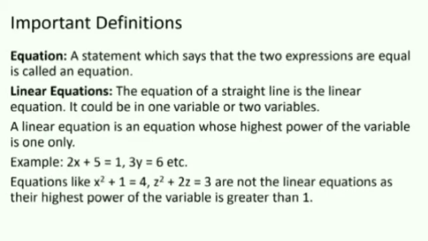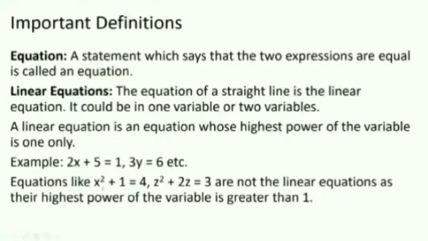Examples: 2x + 5 = 1 or 3y = 6. Here you can see there is only one variable in both the examples, and the power of both the variables, here for x and here for y, is 1.